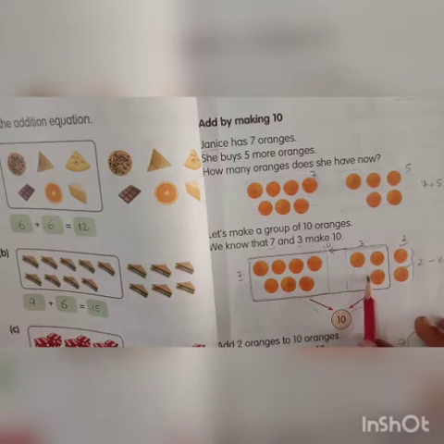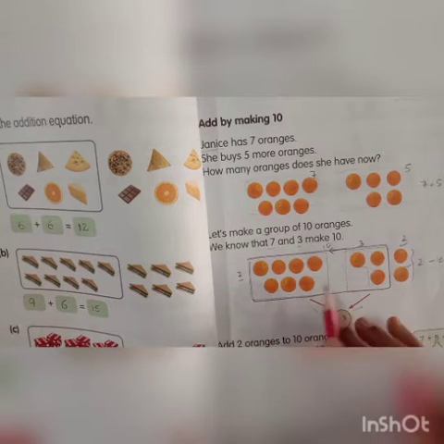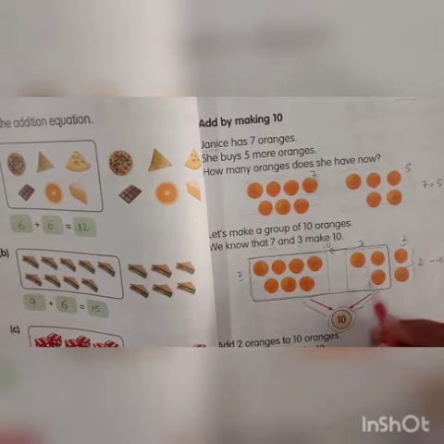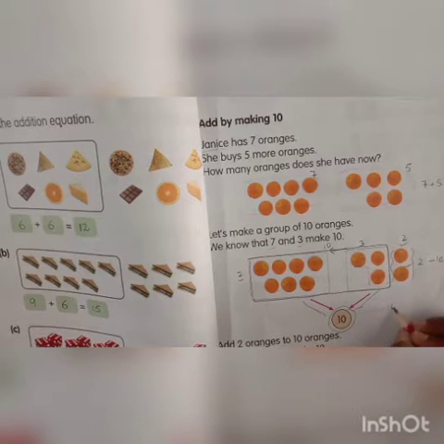When we add these 3 oranges to the 7 oranges, these are 10 oranges altogether. How many oranges are left? 2 oranges are left. When we add 10 plus 2, we get the same answer, 12.